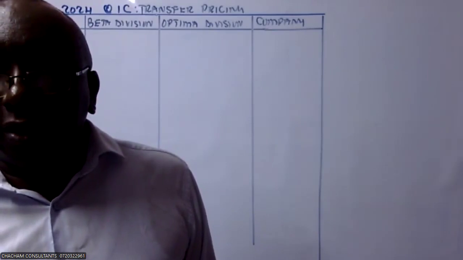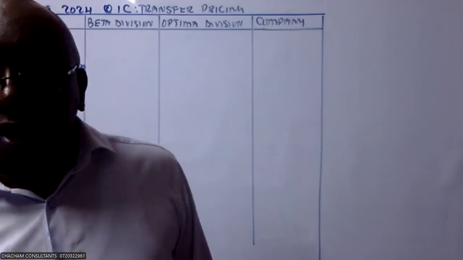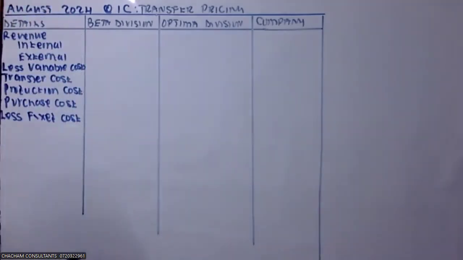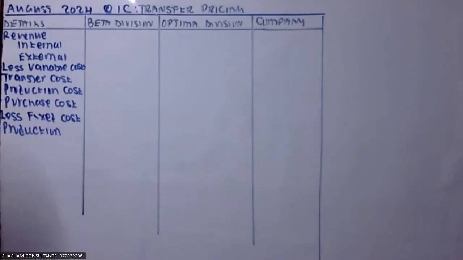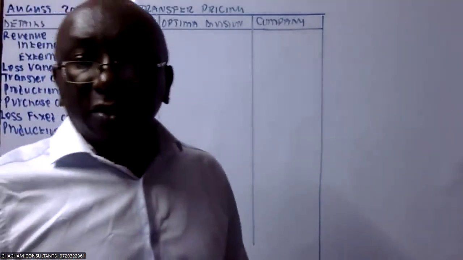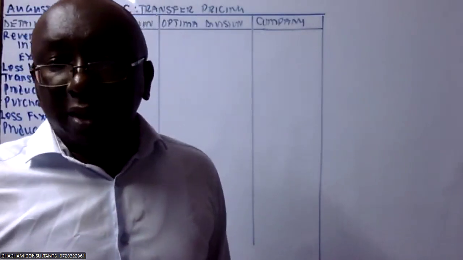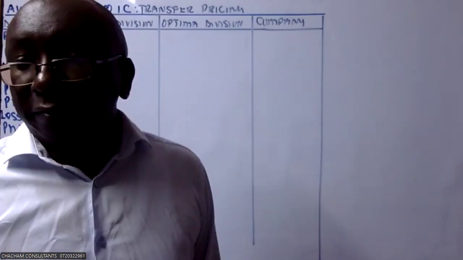We're just calling it production. We don't have any other category of fixed costs, but in some other situations, you may have other categories.